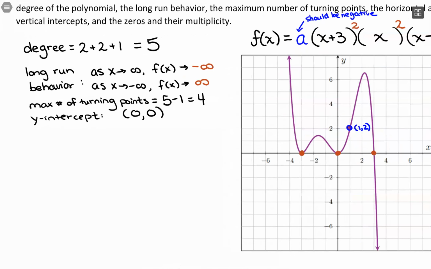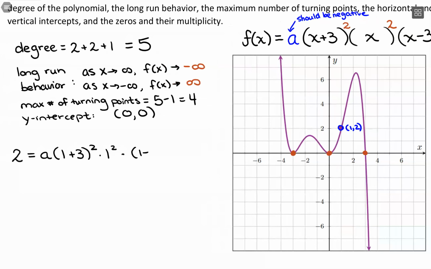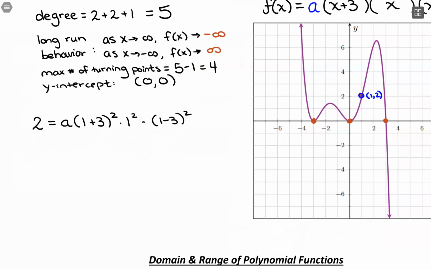So we'll have 2 equals that unknown a, times (1 plus 3) squared times 1 squared times (1 minus 3) squared. And then we're just going to solve for a. So 2 equals a times 4 squared, so 16, times 1 squared is just 1, times (1 minus 3) squared, so negative 2 squared is 4.